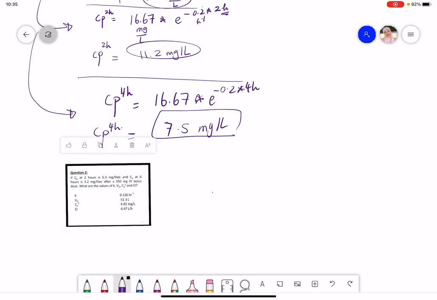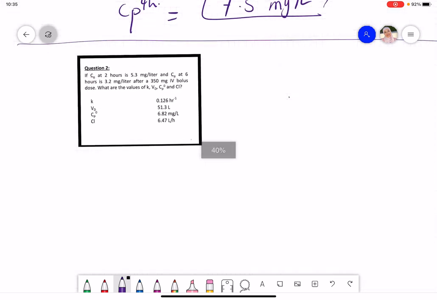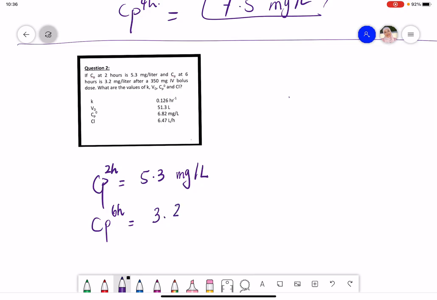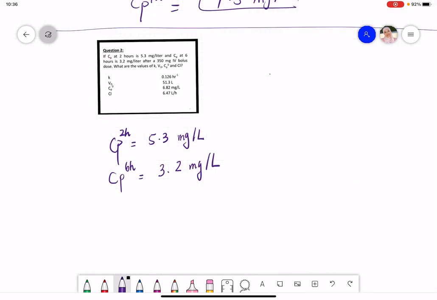Let's go with the second question. If Cp at time 2 hours equals 5.3 milligram per liter, and Cp at 6 hours equals 3.2 milligram per liter after a dose that is equal to 350 milligram, which is the same unit that you have here, so we are fine.